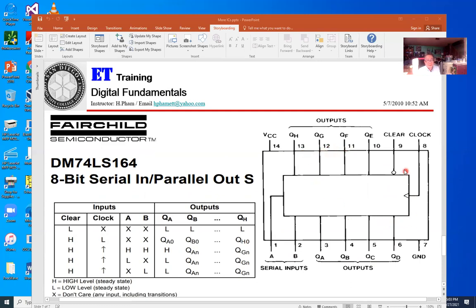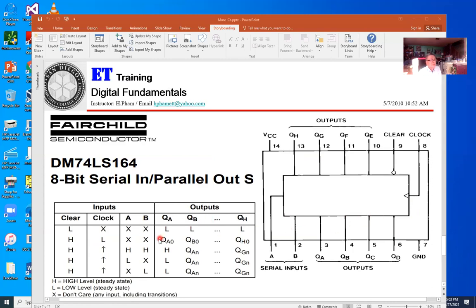Also, you get the input clear, active low. That means if clear equals 0, all of the outputs must be 0. And also you get a clock signal. The clock helps load data from the serial input into the outputs.